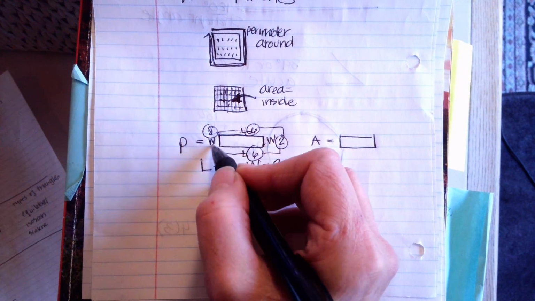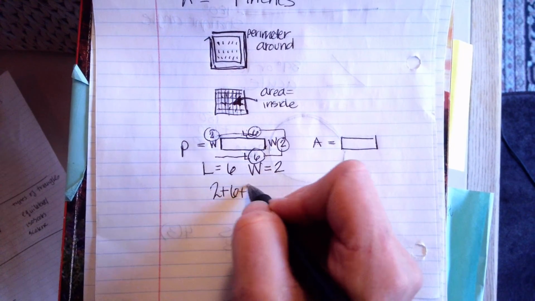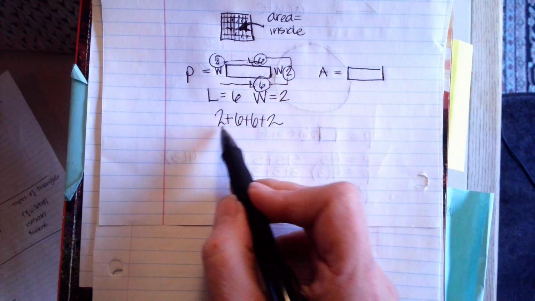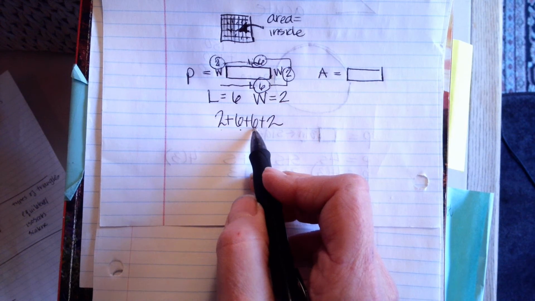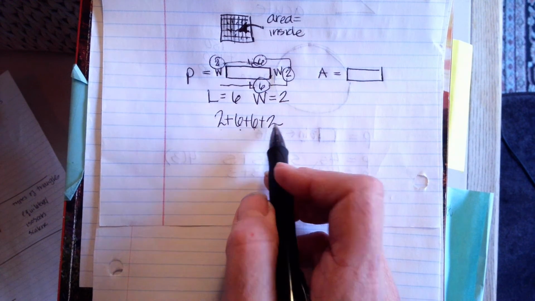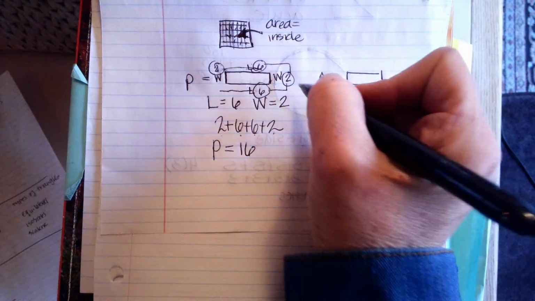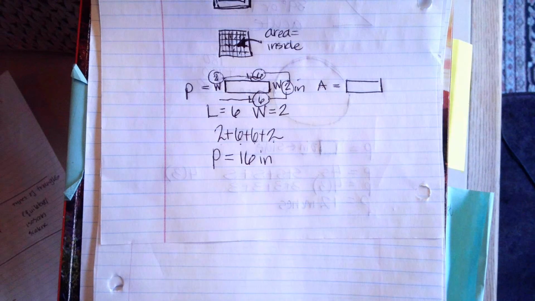We already got this. So it's going to be 2 plus 6 plus 6 plus 2. Now we add it together. 2 plus 6 is 8, plus 6 is 14, plus 2 is 16. So our perimeter equals 16 inches. Does that make sense to you?